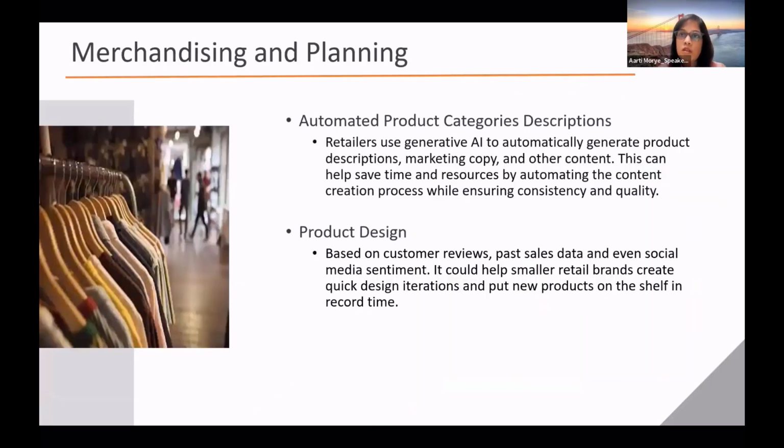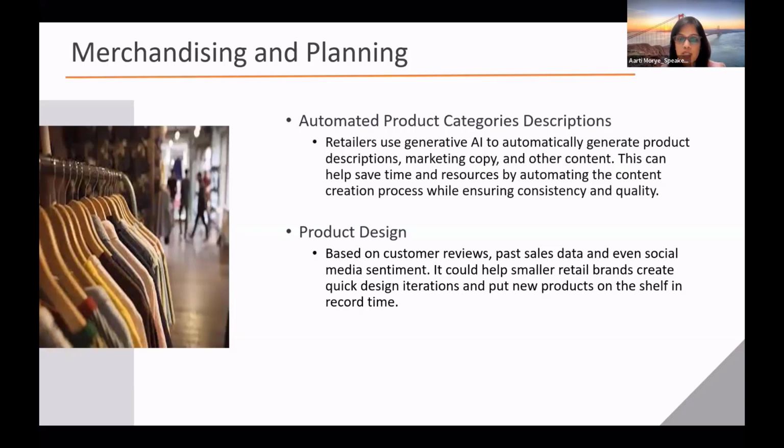Apart from brick and mortar and online stores, the back end processes like merchandising and planning can also hugely benefit from Gen AI. For example, it takes a lot of effort for retailers to create product categories and descriptions which are consistent throughout different channels. So, let's say a particular product is displayed in a store as well as online, and also on a third party online store.